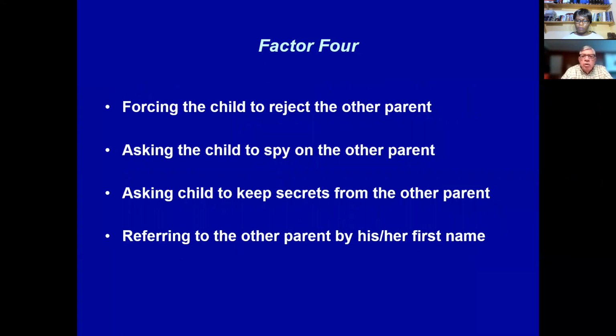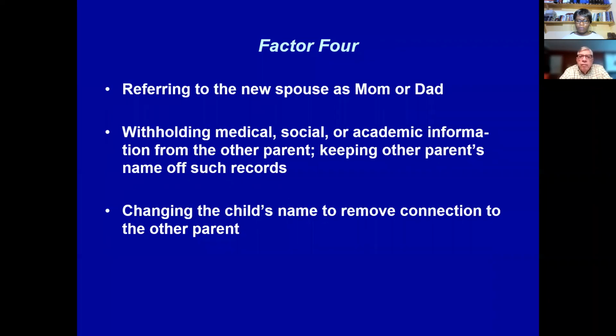So these are common alienating factors. It says here, asking the child to spy on the other parent, when they're at the home, to look to see who's there, look at papers, and bring copies back to the alienating parent. The next one says asking the child to keep secrets.